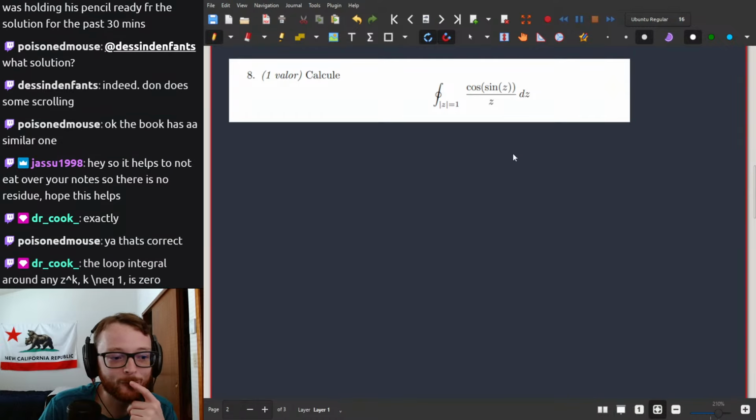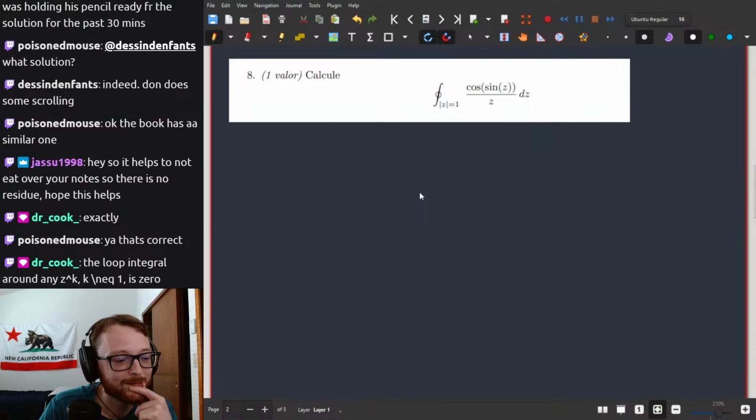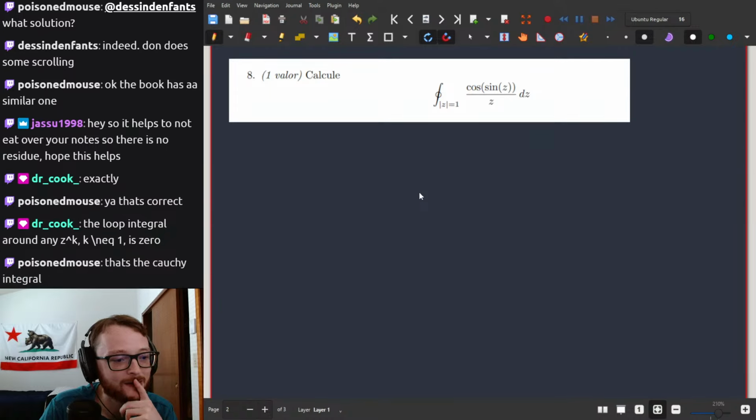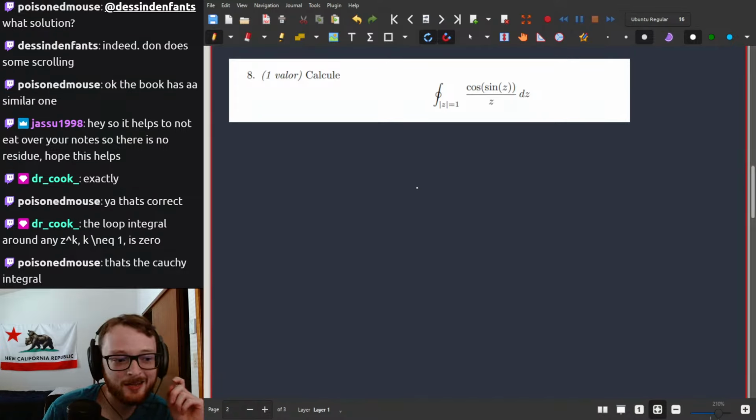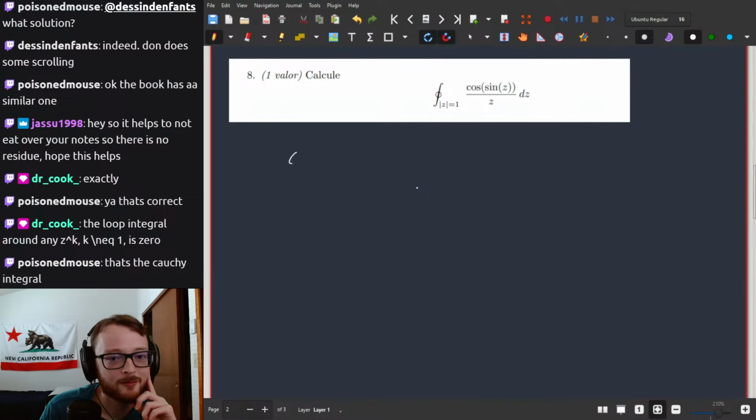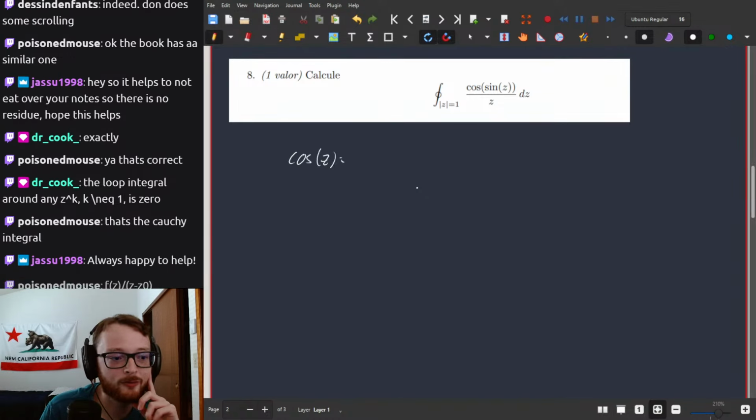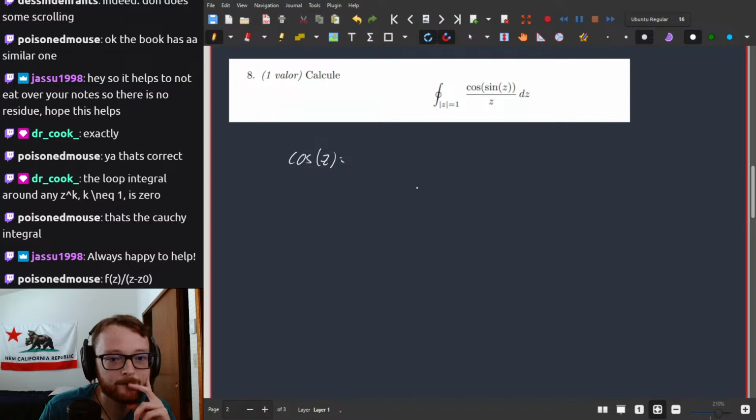I was just stupid. This one looks a little bit mean. Right, Cook. Yeah. That's the reason why. And so since we have cosine of sine, I think we need to go like cosine of z is, oh, wait.